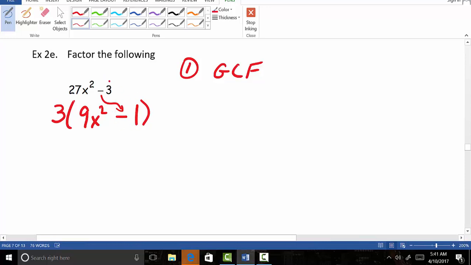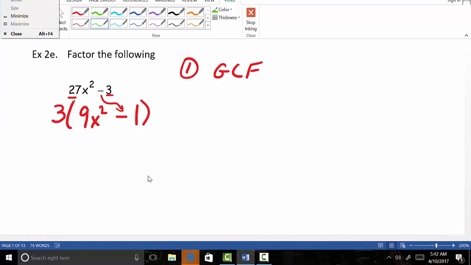So up until this point, we've really just factored out a common factor of 3, and now we're ending up with 3 times the quantity 9x squared minus 1. Now at this point, some of us might be able to say, oh wait a sec, now we have possibly a difference of two perfect squares.